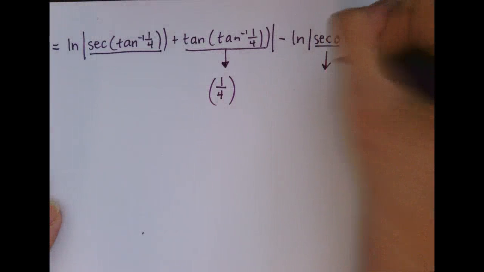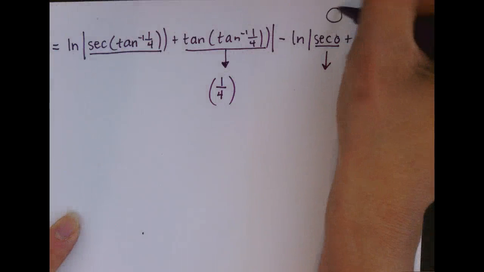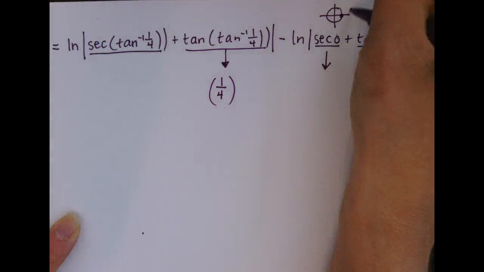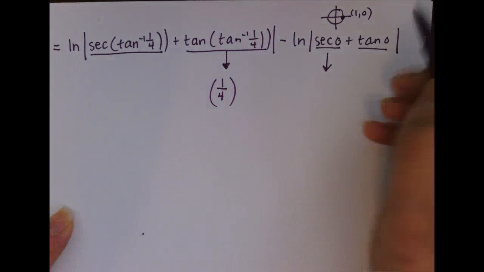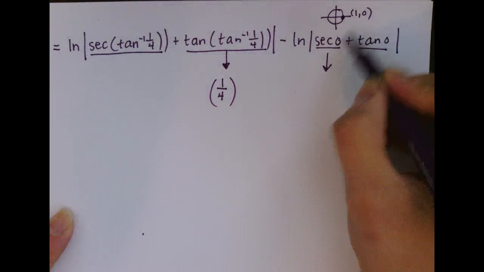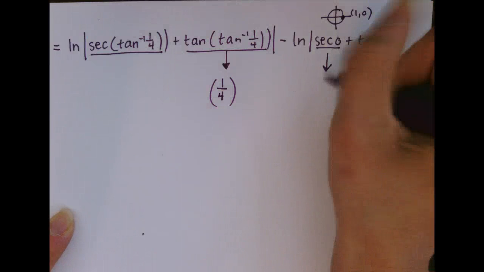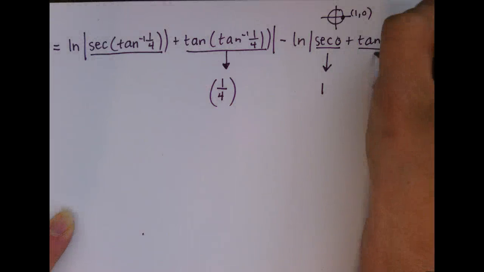The secant of 0, if you think about the unit circle, and the angle 0, the point at that angle is (1, 0), where secant is 1 over the cosine, and so if I take 1 over 1, I just get 1. So that's easy to do.